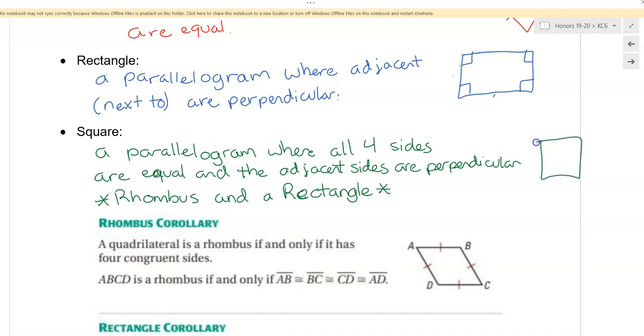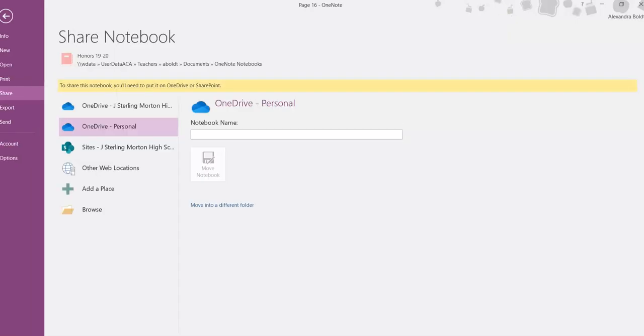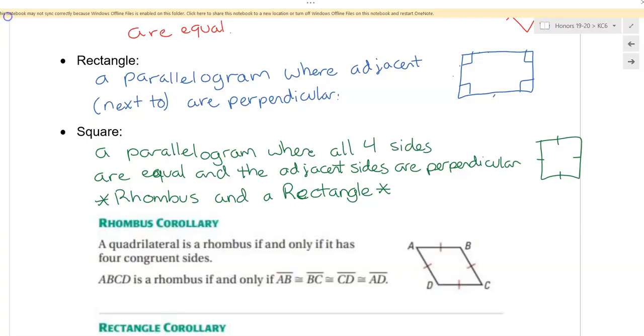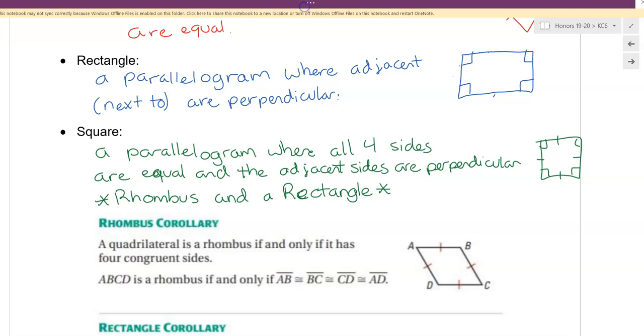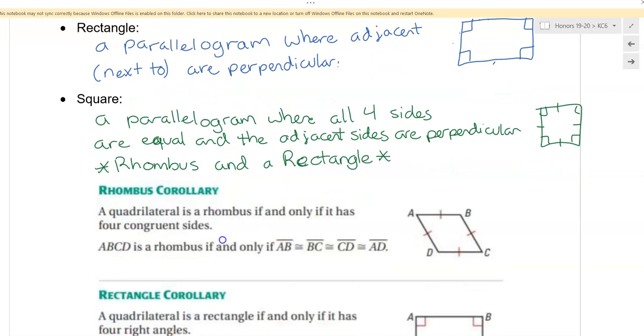If I look at our normal square, right, these are all equal, just like up there in our rhombus. And then all these are right angles, just like in our rectangle. Okay? So a square is the most special of the quadrilaterals. So a rhombus, again, it's a rhombus if and only if it has four congruent sides. So that's how we're going to prove a rhombus.